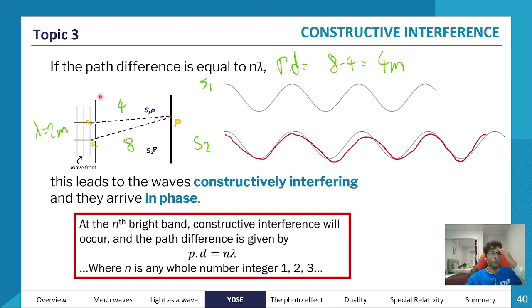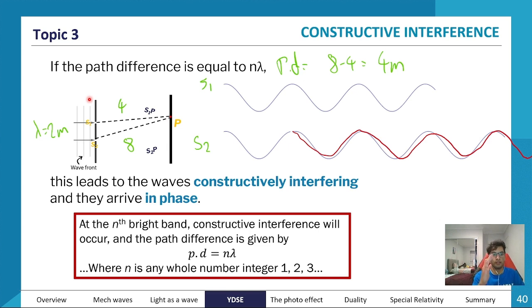What's happened is that wave 2 has had to travel an extra 4 meters. Since the wavelength is 2, if the wave has to travel an extra 4 meters, we are shifting the red wave to the right by 4 meters, or essentially by 2 wavelengths. So this is 1 wavelength, and that's what happens when you shift the wave by 1 wavelength, and a second wavelength is going to end up here.